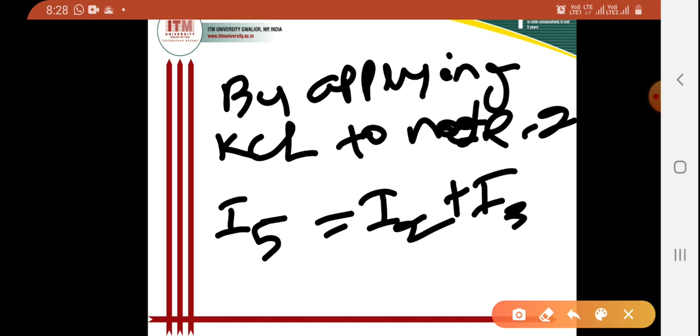Understood? Then, like our previous analysis, here also we have to find out, according to potential difference, what is I5, what is I2 and what is I3. So see the network, you can understand here.